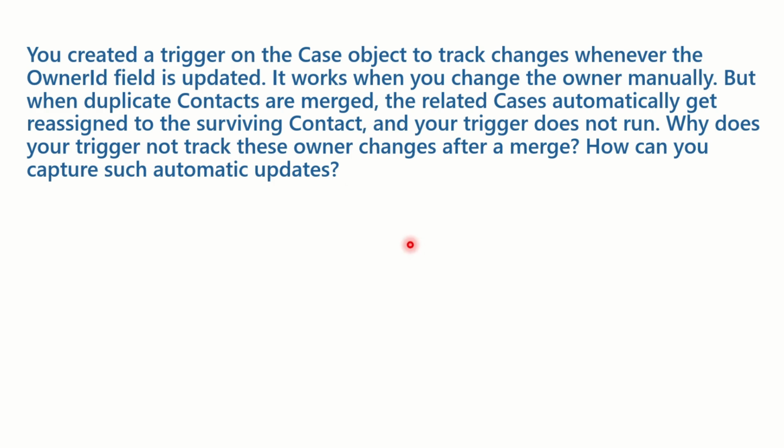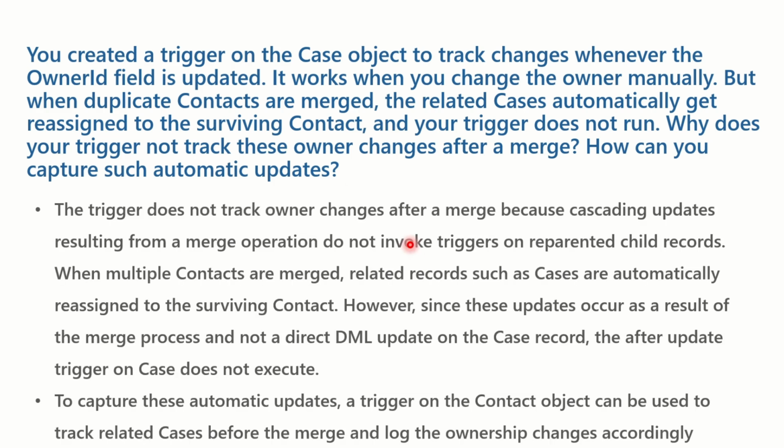Again the same concept here. The answer is, your trigger does not track the owner changes after a merge because, again, cascading updates resulting from a merge operation do not invoke triggers on the reparented child records. So here the child record is case. Case is reparented when the contact is merged, but the main operation was performed on contact.